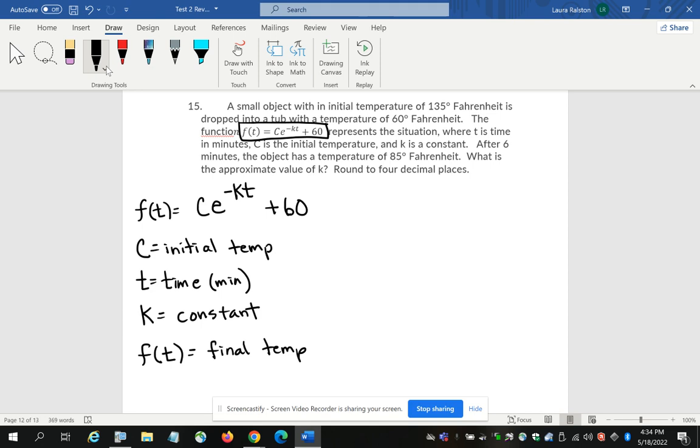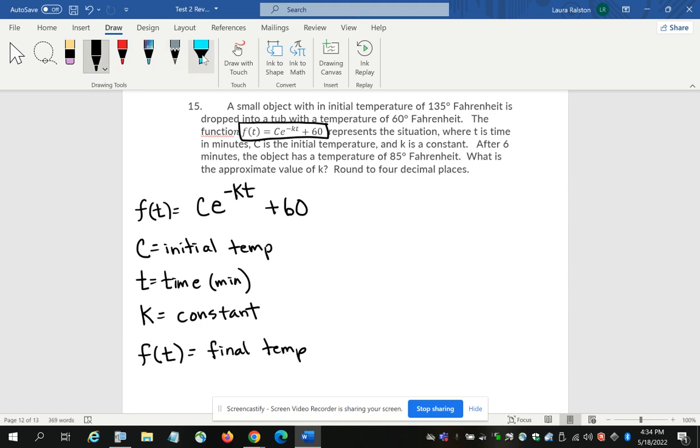The function f of t equals c e to the negative kt plus 60 represents the situation where t is time in minutes, c is the initial temperature, and k is a constant. After 6 minutes, the object has a temperature of 85 degrees Fahrenheit. What is the approximate value of k? Round to 4 decimal places.